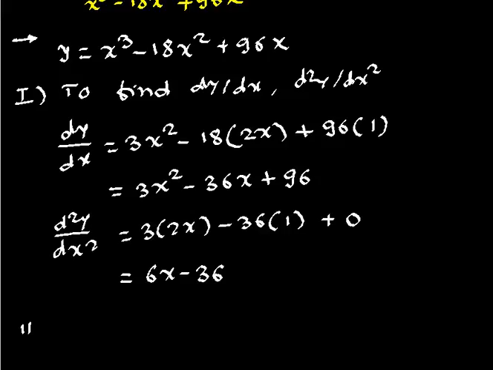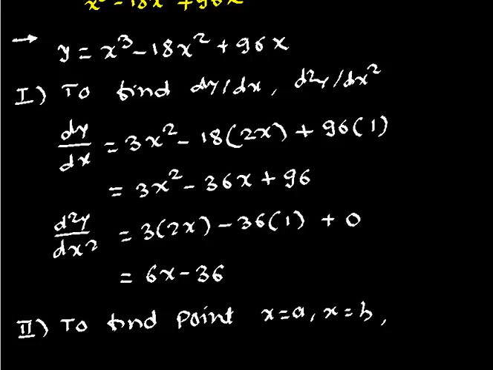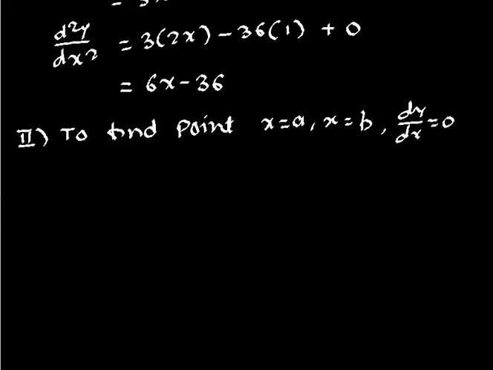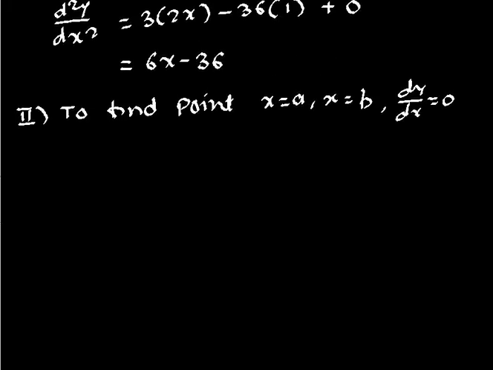Now the second step is to find the points x is equal to a and x is equal to b at which the slope of the tangent to the curve is 0. In other words, at which dy by dx is equal to 0. So there will be 2 points on the curve where the derivative will be 0.